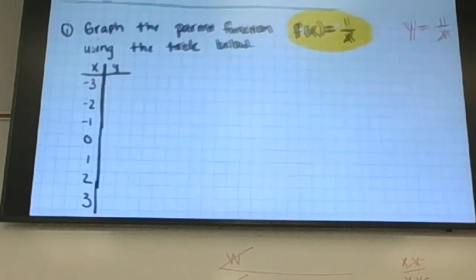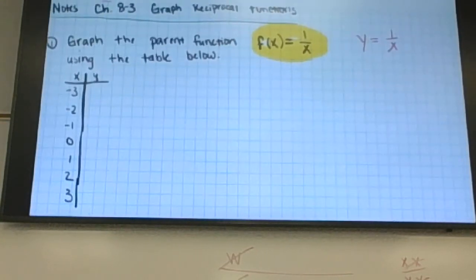So it's a little bit weird with these fractions. So we have negative 1/3. Negative 2, negative 1/2. Negative 1, negative 1.